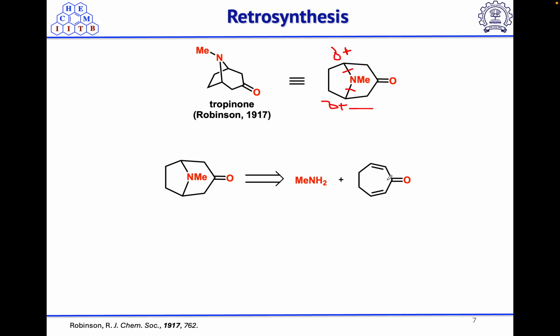So this will be our retrosynthetic analysis in first priority. As I told you, this is the disconnection approach, and it will lead to methylamine and this di alpha beta unsaturated carbonyl compound, a cyclic compound.